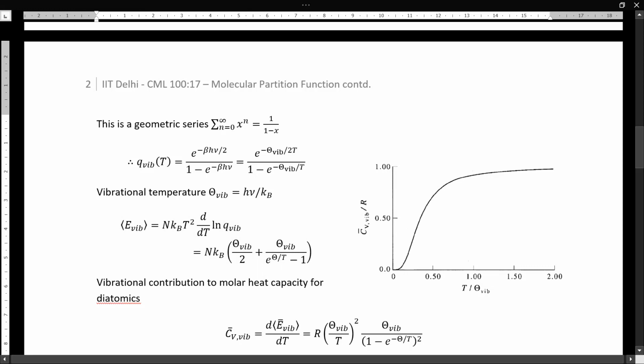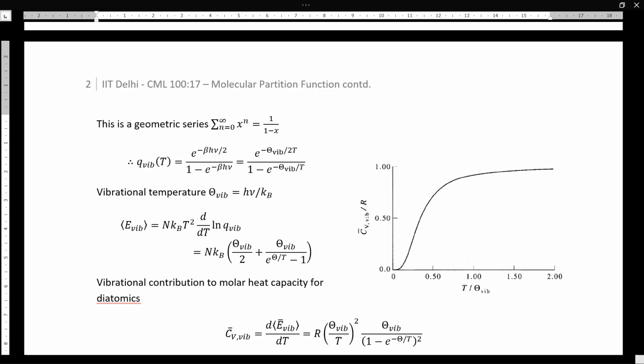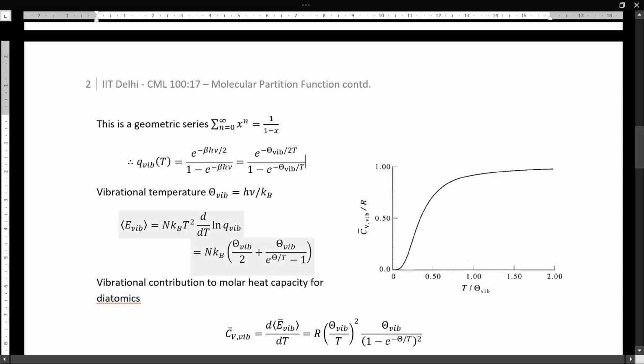So the formula for average vibrational energy is minus d log Q by d beta, which I can convert from capital Q to small q, and from beta to temperature. But it's always good to work with beta. Your life is much easier, and then later on at the end convert to temperature.